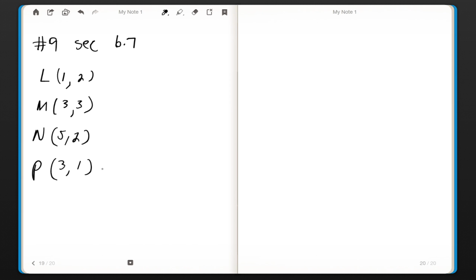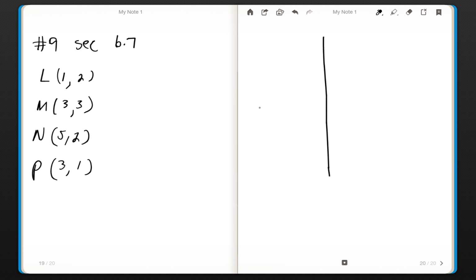So we're going to plot these points. I'm going to try to make a really accurate graph here so you can take a look at it. It looks like everything's basically living in the first quadrant, so we don't even have to show too much of the other quadrants.